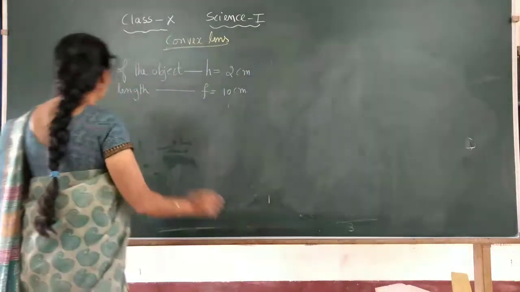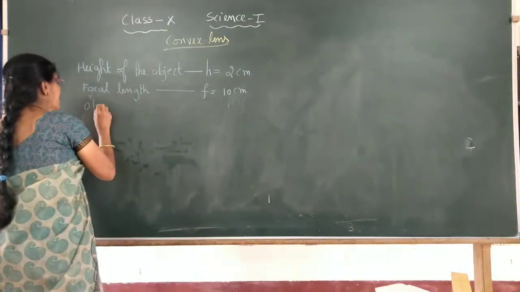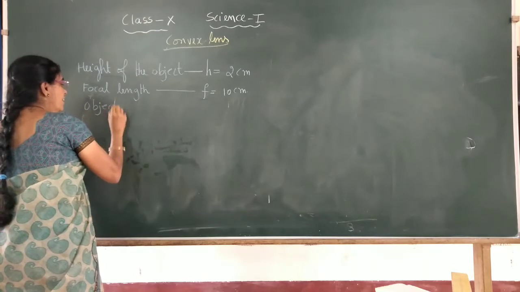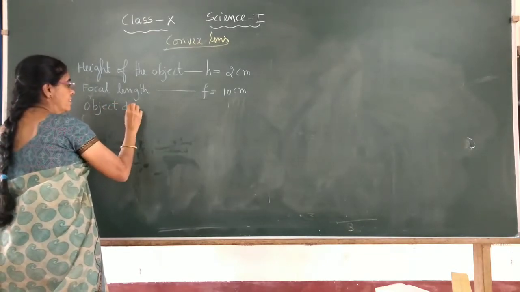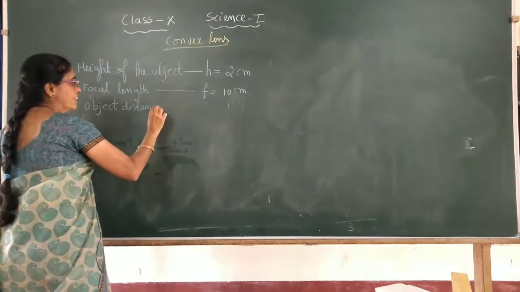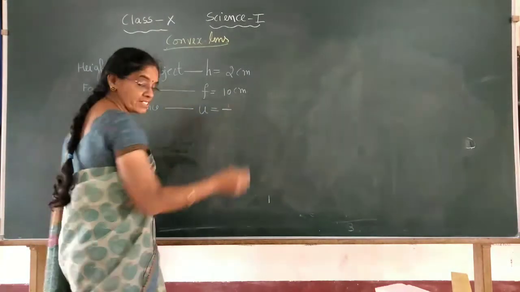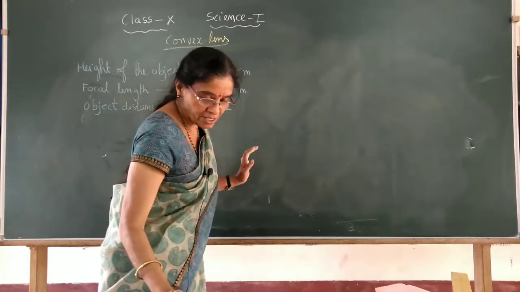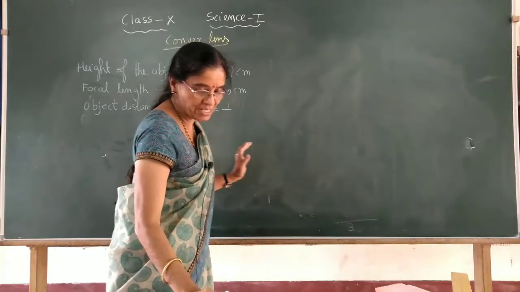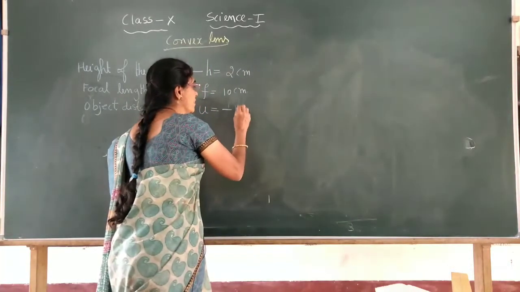So object distance is given, and object distance is always which sign? Negative sign. So u is equal to minus, how much distance it is kept? It is distance of the object from the lens is 15 centimeter.